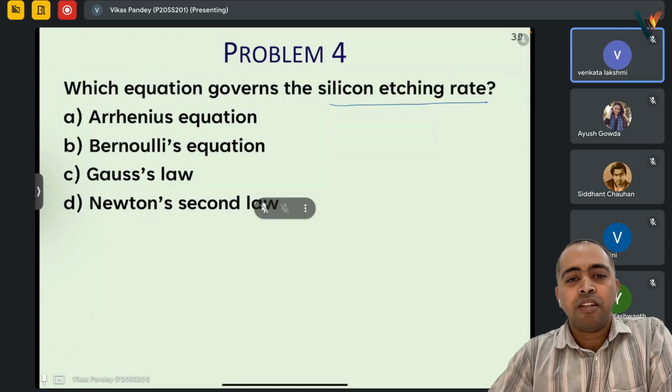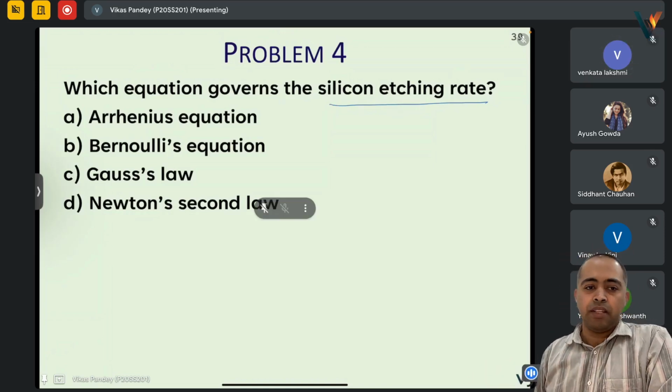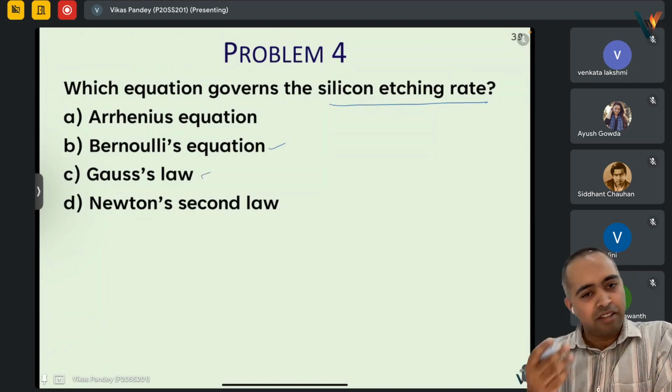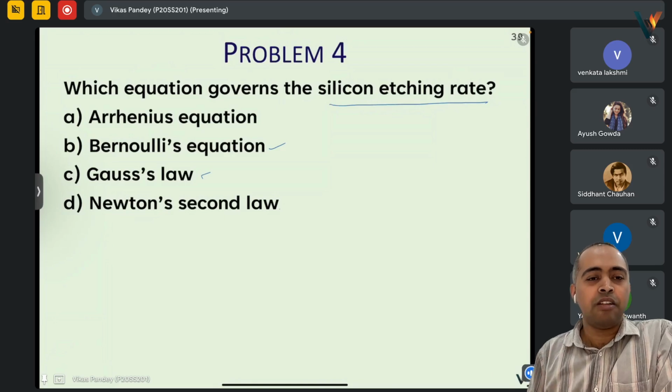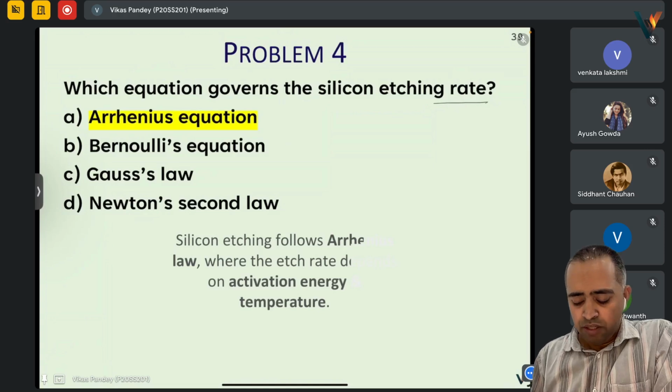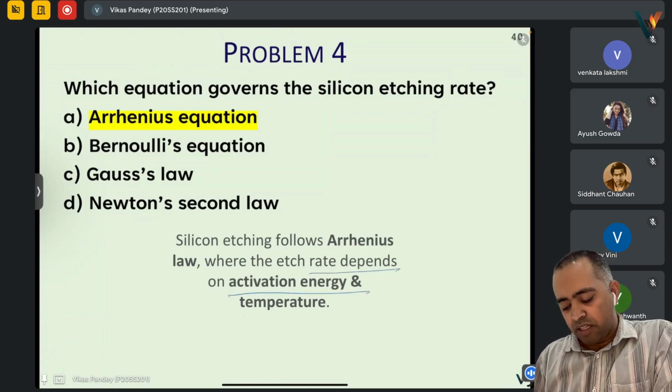Okay. Even if you see Bernoulli's, Gauss, Newton, these are not related to etch rate. The Arrhenius equation is the one that defines the silicon etch rate, where the etch rate depends on activation energy and the temperature.